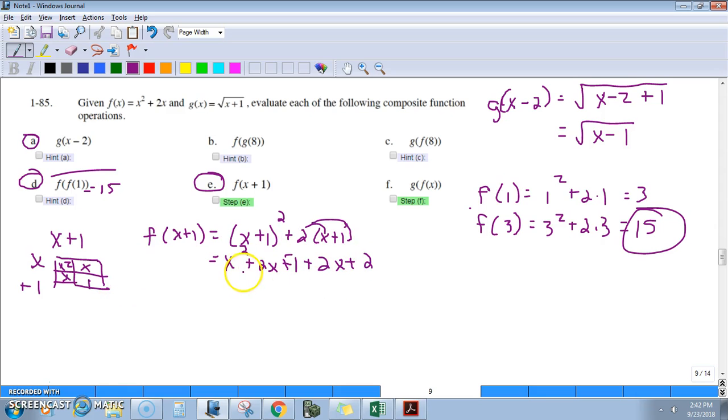Now we just combine our like terms. I have 1x squared, so that's just going to stay there. But I actually have 4x, and then I actually have 3. And actually, I think I can factor this, because if I find two numbers that add up to positive 4 and multiply together to positive 3, that ends up being (x plus 1) times (x plus 3).